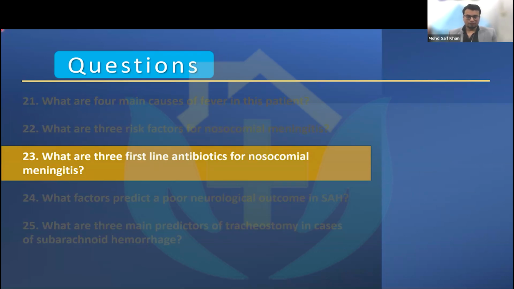But if suppose patient is immunocompromised, then you have to use ampicillin to cover for Listeria monocytogenes, or you can use ciprofloxacin if you're suspecting pseudomeningitis, or post-operative meningitis. And suppose patient has already stayed for more than 7 days, then meropenem, ceftazidime are better choices.